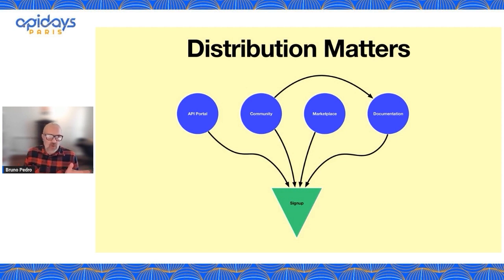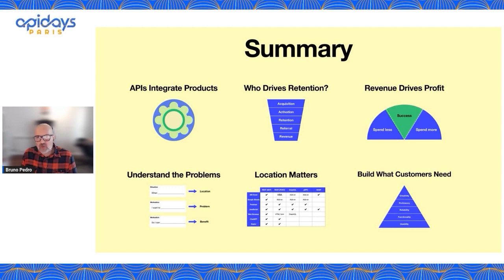So all this together is, in my opinion, what constitutes the steps for you to build API products that are successful over time and that meet the needs of your users. There's much more than this. So in summary, we looked now at APIs that integrate products.